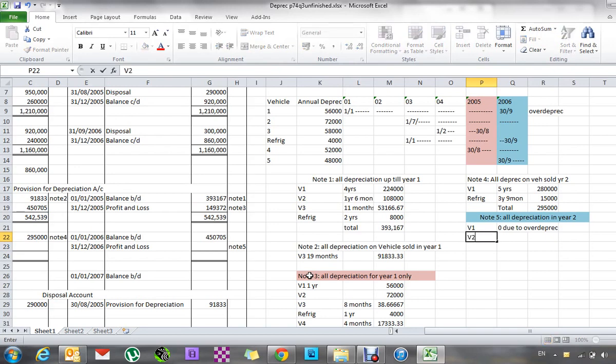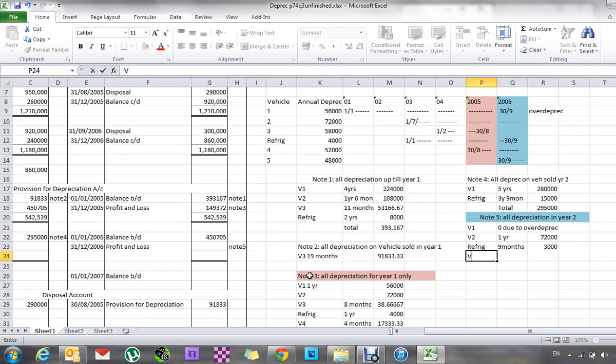Vehicle 2, I still have, and I can depreciate it, so it gets 1 year, and that's 72 grand a year. Vehicle 3 is gone. And refrigeration, I have that for a year. It went 3/4 way through the year, so that's 9 months. So that's going to be 3 grand depreciation, 9 months multiplied by 4 grand.